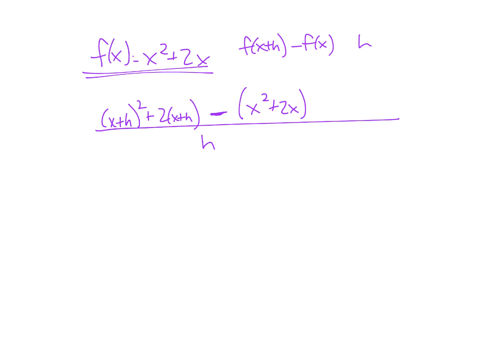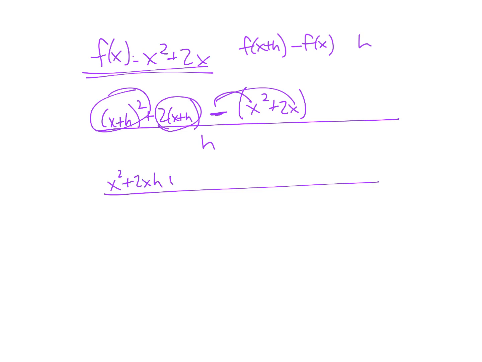Okay, so now I just need to simplify this. Which means here I need to FOIL, here I need to distribute, here I need to distribute the negative. So it's going to look like this. x squared plus 2xh plus h squared plus 2x plus 2h minus x squared minus 2x all over h. Okay, so now let's combine some like terms. That cancels with this.